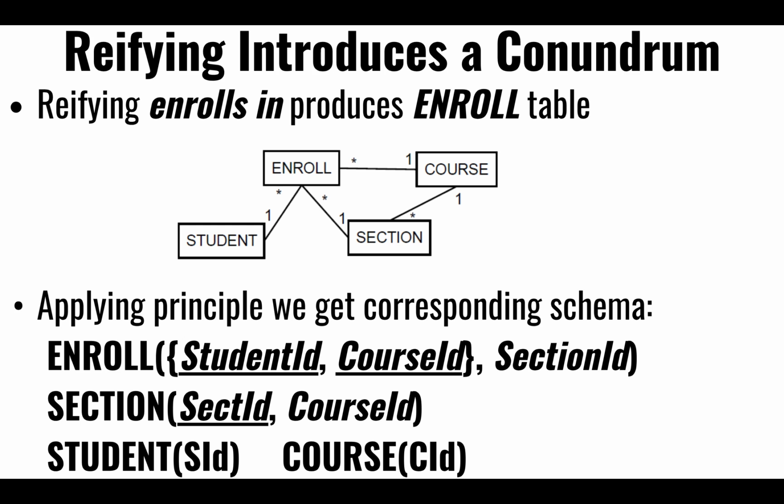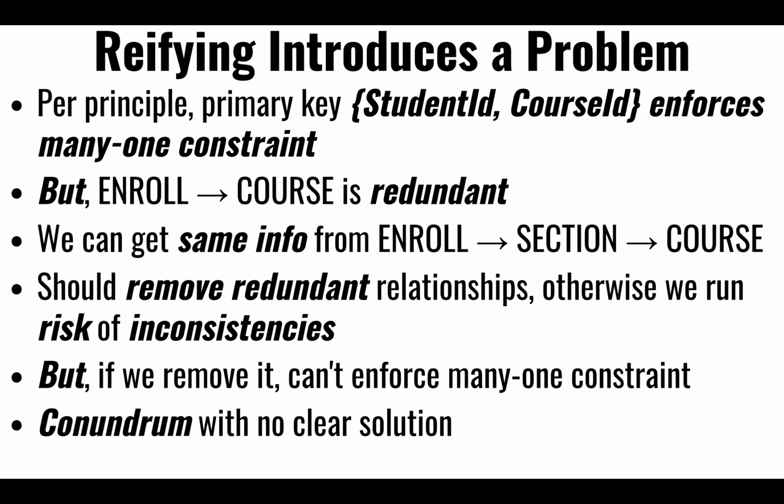But then you lose the constraint. Either you fix the redundancy and lose the constraint, or you keep the constraint and keep the redundancy. So you have two choices, two bad choices. Neither one of them is a good choice. So that's called a conundrum.